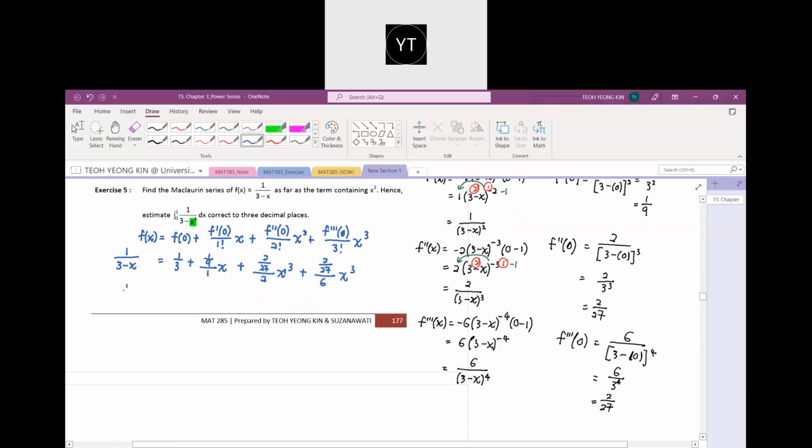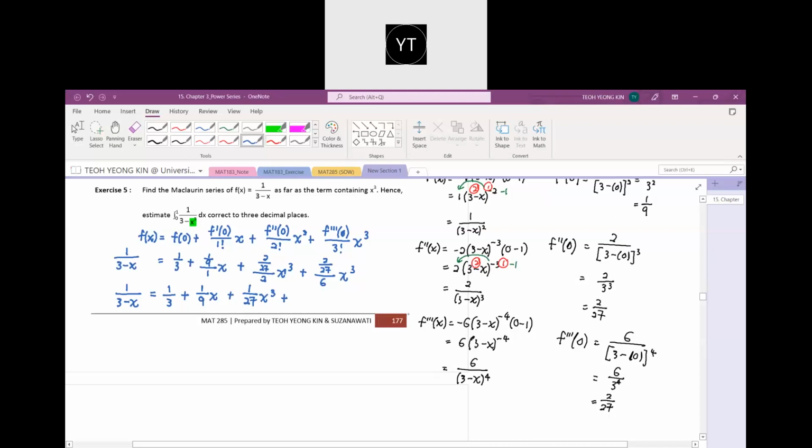1 over 3 minus x is equal to 1 over 3 plus 1 over 9 x plus, this part, 2 over 27 divided by 2 is 1 over 27, x squared, and here 2 over 27.